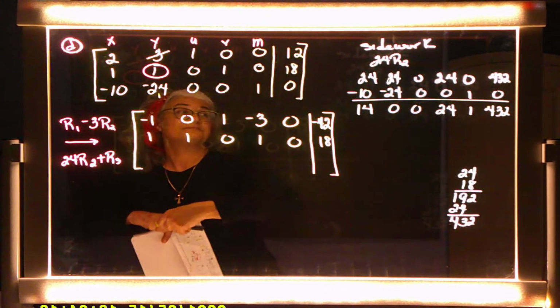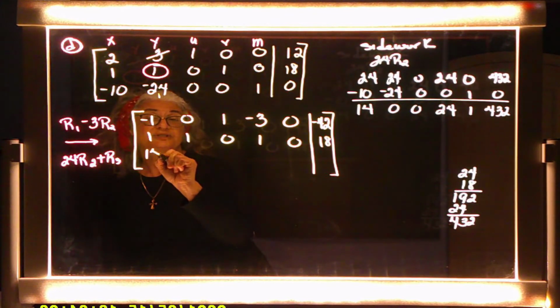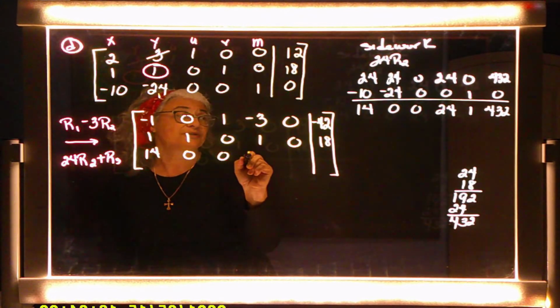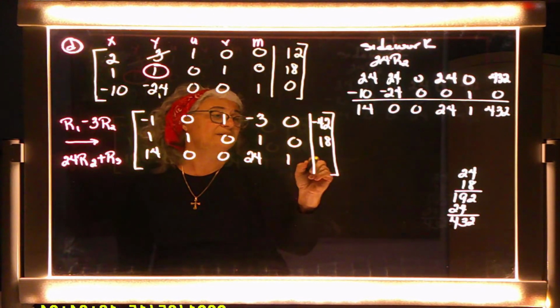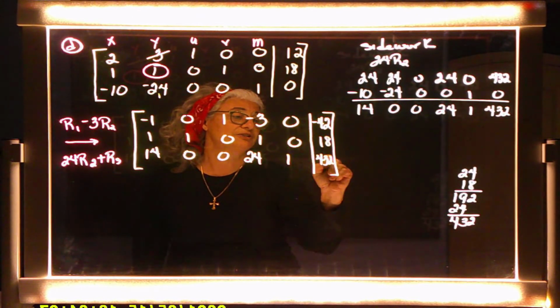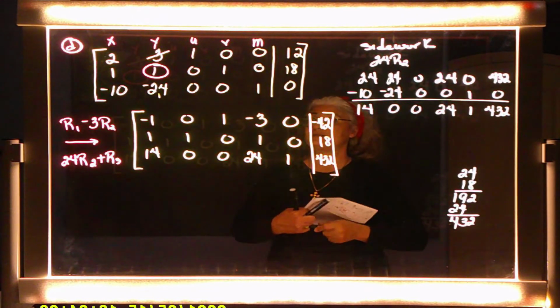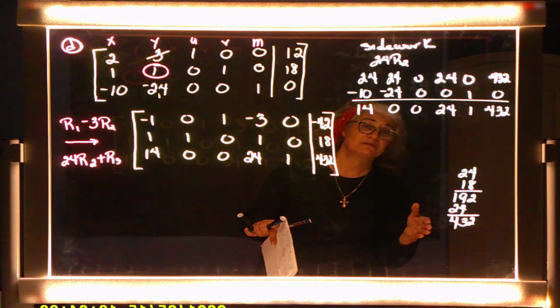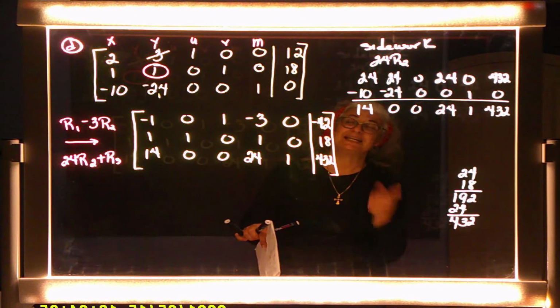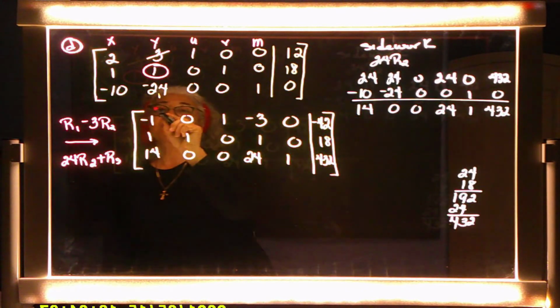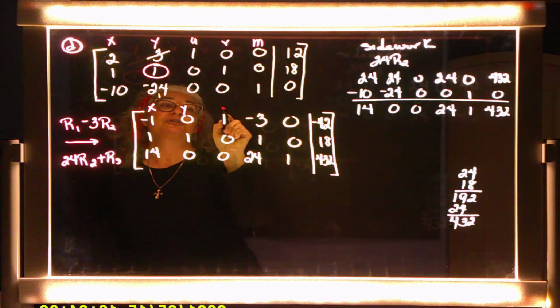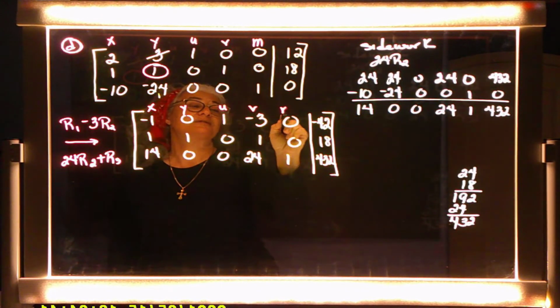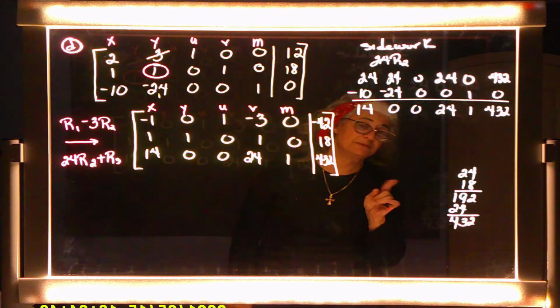Excellent. Are we in agreement? Cool. What should we do? Yeah, let's relabel our columns. It's always good at the last tableau to relabel our columns to keep ourselves on track, right?